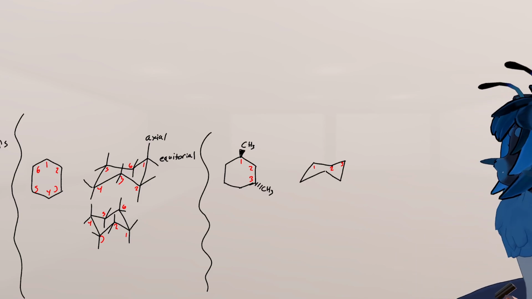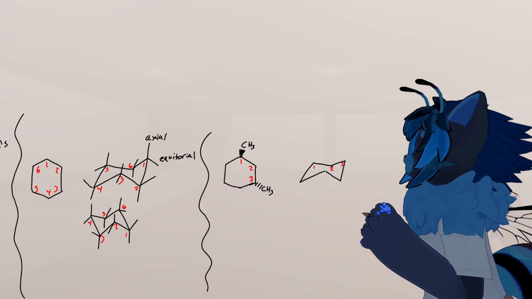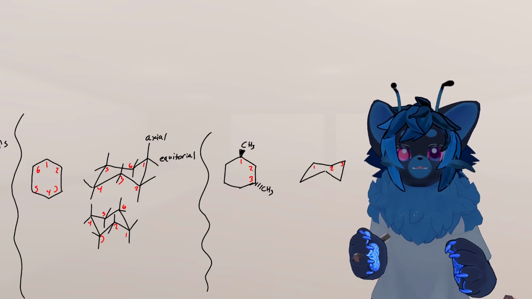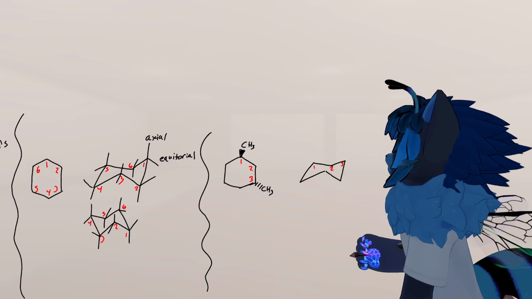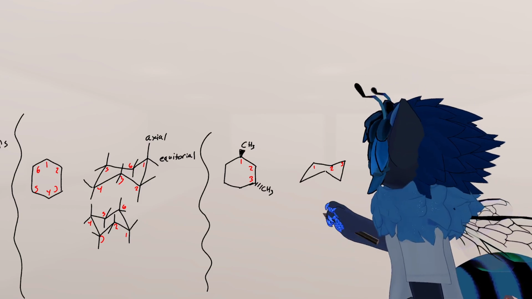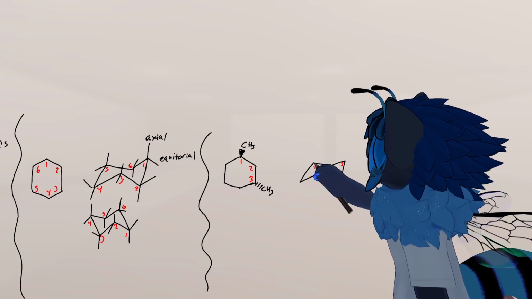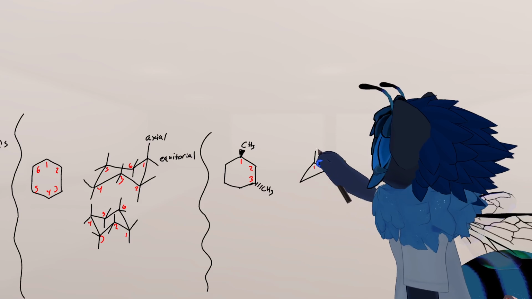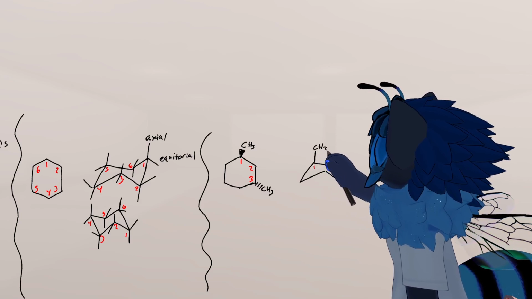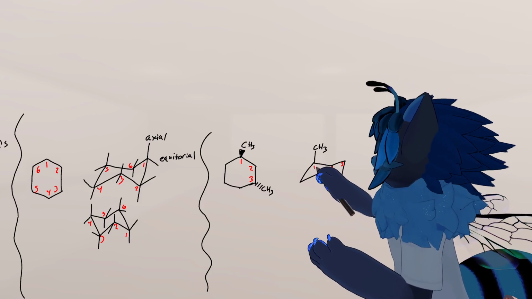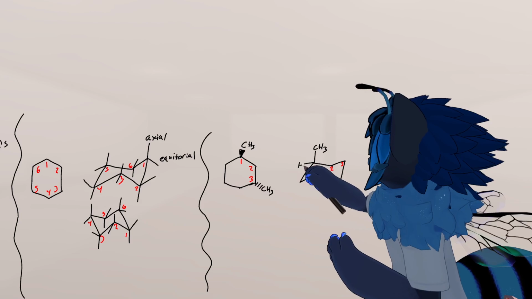So remember that they always follow our pattern of up, down, down, up, and they always reverse. On carbon 1, our methyl is pointing up. This vertex is going up, so that means that we must have an axial up. And then what isn't labeled is hydrogen, so down would be our hydrogen.